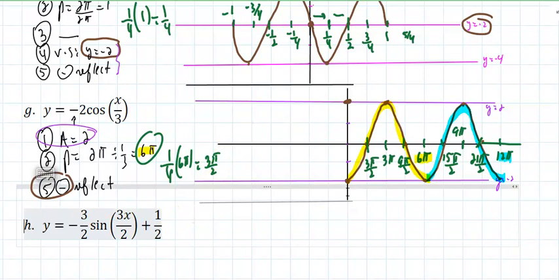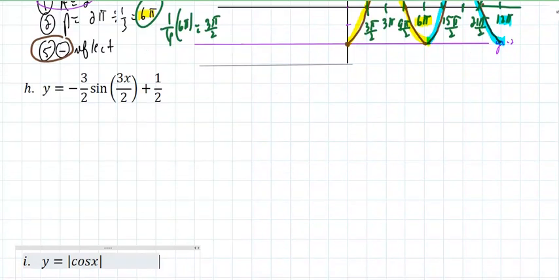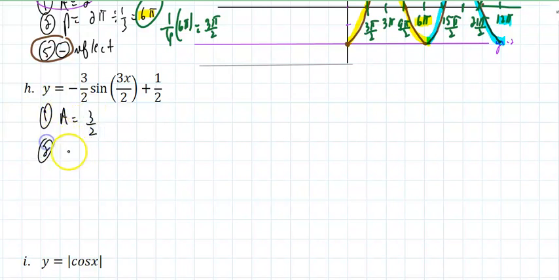Now, let's look at the next problem. It has everything. It looks challenging, but looks could be deceiving. 1. The amplitude is 3/2. 2. The period is 2 pi divided by 3/2.